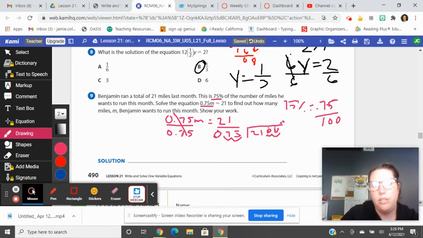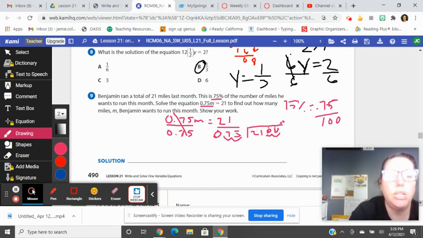So first of all, I know 75 isn't going to go into 2, and it's not going to go into 21. So now I'm going to do 75 into 210. How many times is 75 going to go into 210? That's the question that we're asking here. So let me say 75 plus 75.